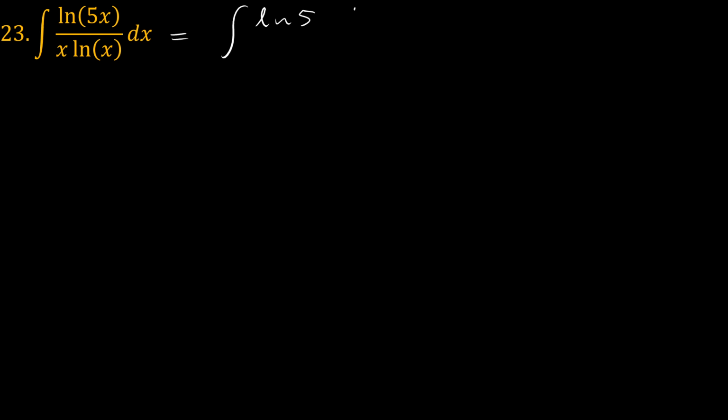Problem number 23, which is the indefinite integral of the natural logarithm of 5x over x times the natural logarithm of x. So here what we'll do is re-express this as the natural logarithm of 5 plus the natural logarithm of x. So let's just put brackets over x, natural logarithm of x.